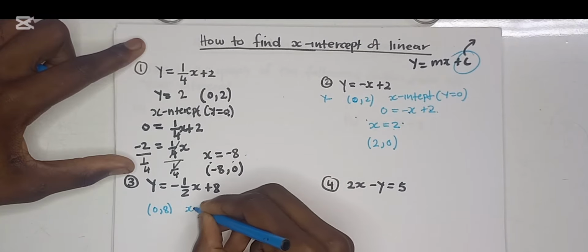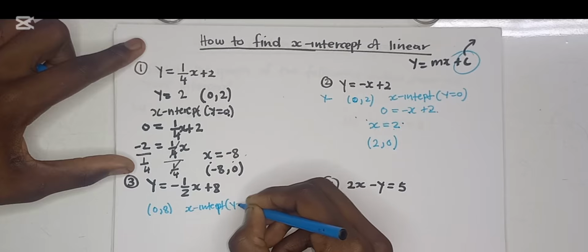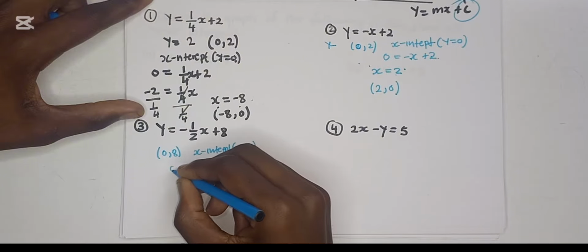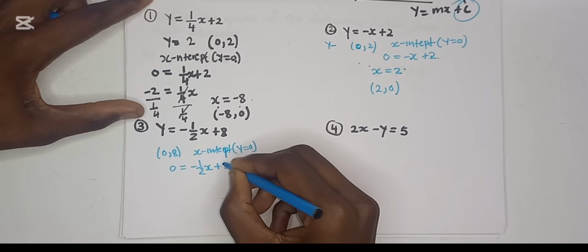For the x-intercept, we have to let y be equal to 0, so we put 0 there: 0 equals negative 1 over 2 x plus 8.